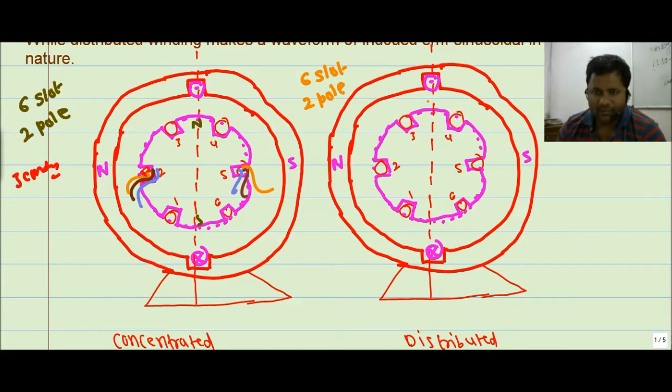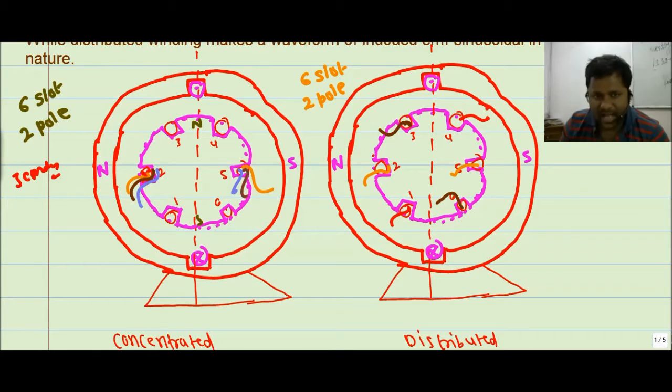The number of poles in the stator and rotor should be the same, and all the slots are filled. The wire enters like this, similarly it enters this and comes back like this, and similarly like this. All the slots are filled with the winding. That is called distributed winding.